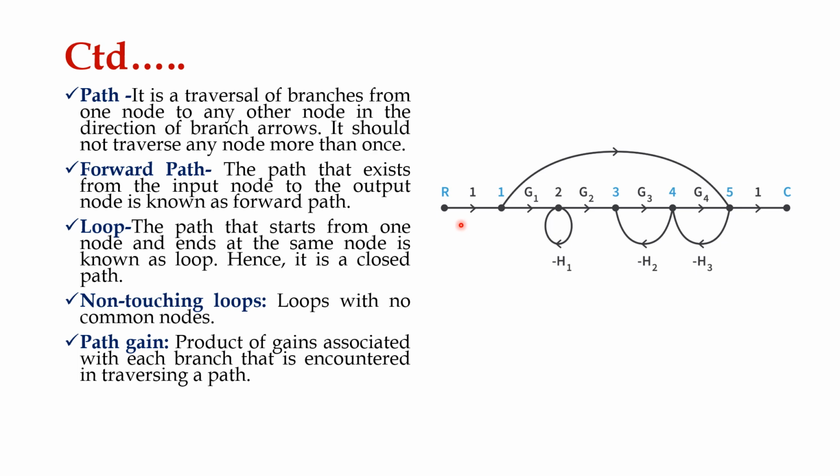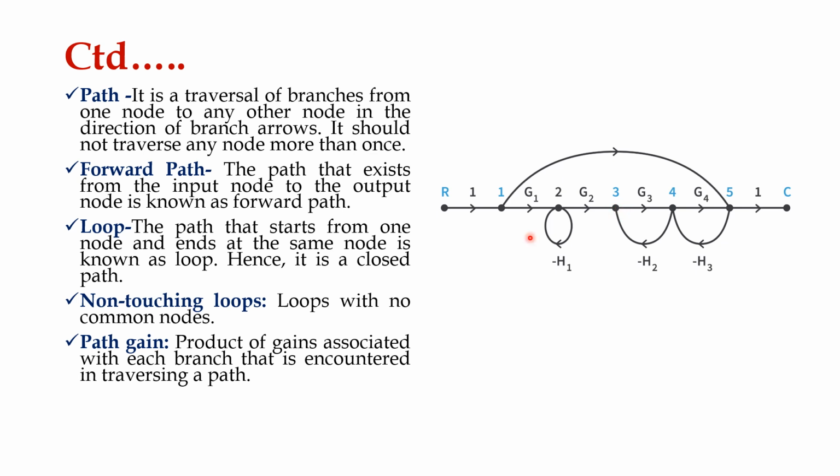Then loop. The path that starts from one node and ends at the same node is known as loop. Here this loop is known as self loop. And here this is the normal loop that starts from node 3 and ends at the same node 3.